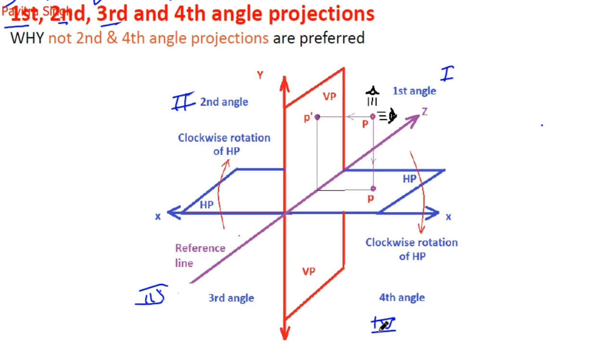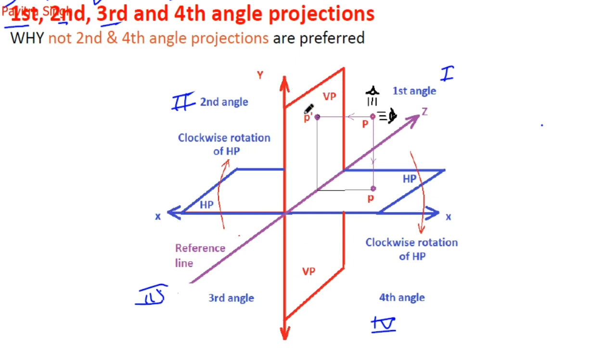In the previous classes, you have studied the four quadrants and the two-coordinate system, meaning the x axis and y axis. Now we are going to deal with the third dimension also, which is the z direction. Here there are vertical and horizontal planes.